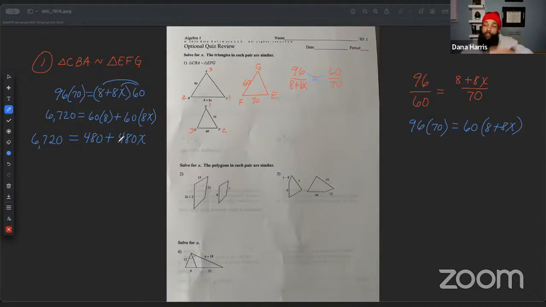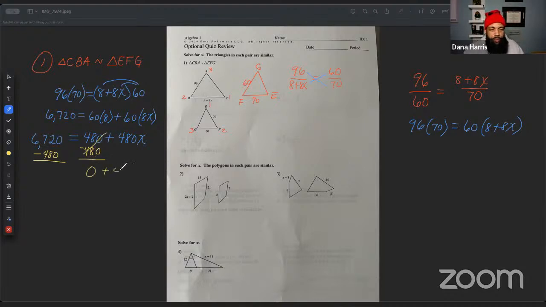Now from here, we want to get the x by itself. So it's simpler to keep the x on the right side. And then we'll take this 480 on the left side, the opposite of a positive 480. We're going to subtract it, and then we're going to subtract the same thing here. So boom, boom, these cross out, that gives you 0.